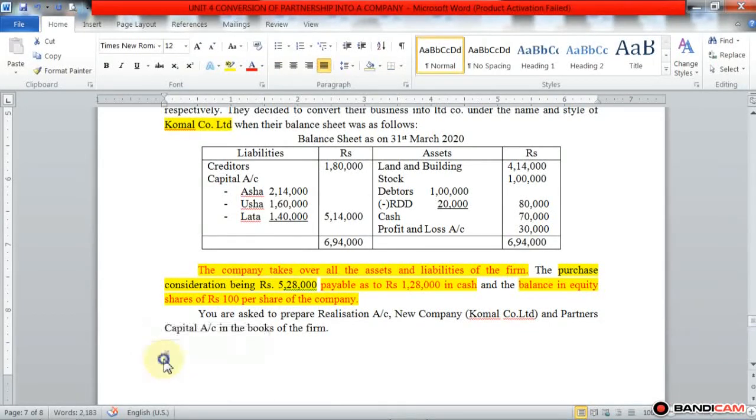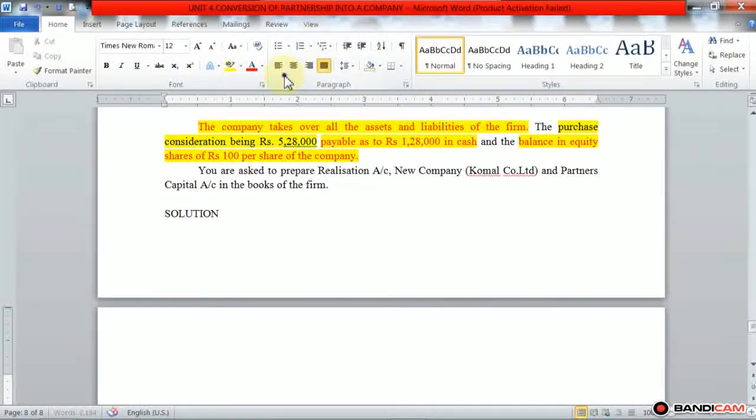Solution. In the books of partnership firm, then we have to prepare realization account.